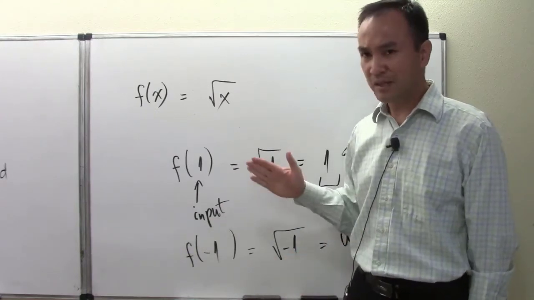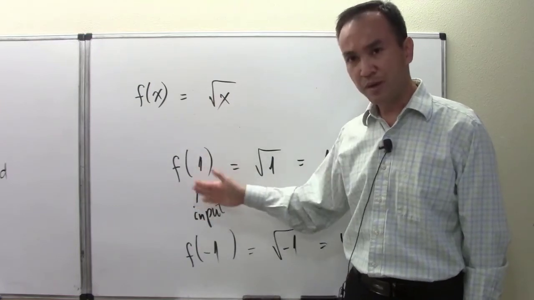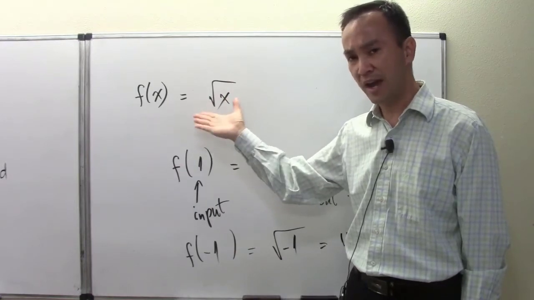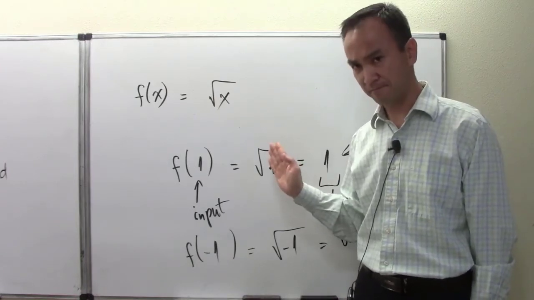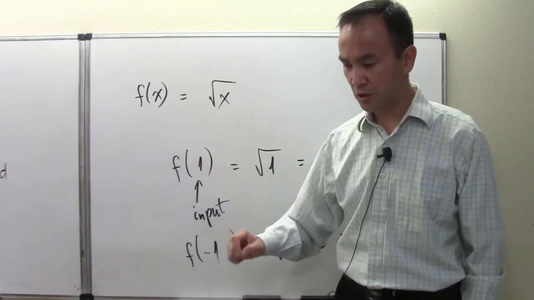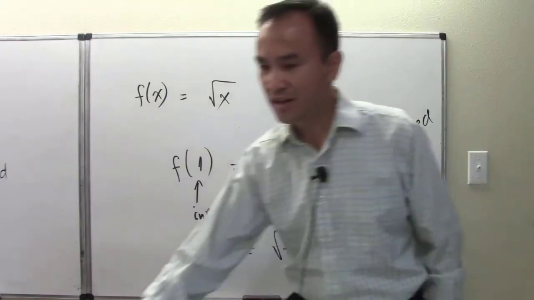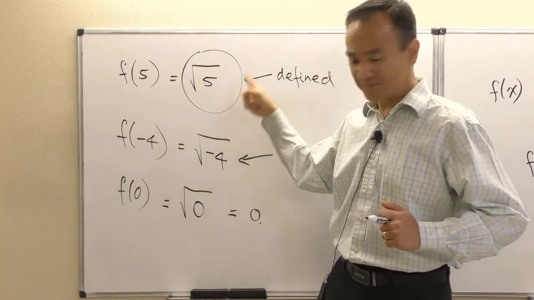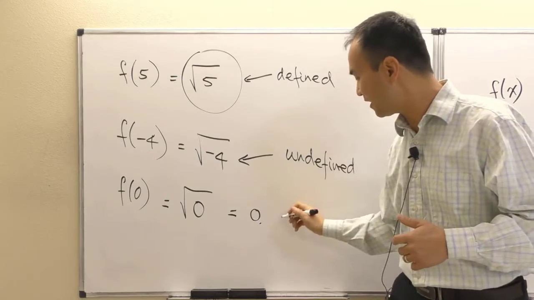Technically, for a function like this, we can give numerical inputs, but in the way this function was written and defined, it takes only non-negative values. You see positive 1 for input worked, it gave a defined value. It took positive 5 as input, it worked. It took even 0, it worked. So this was defined.